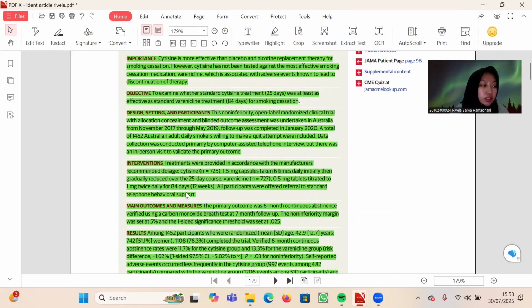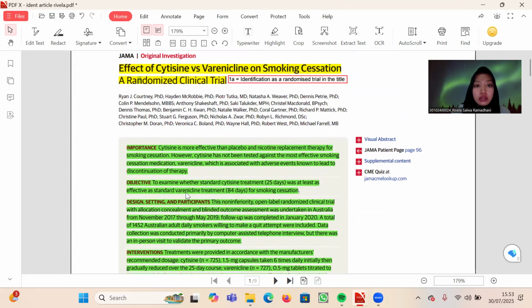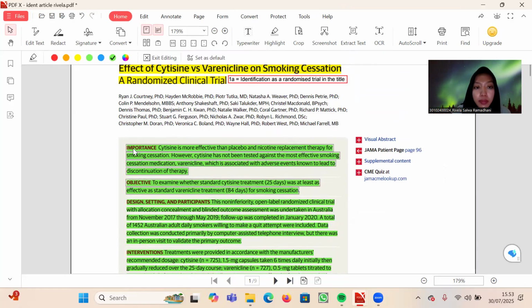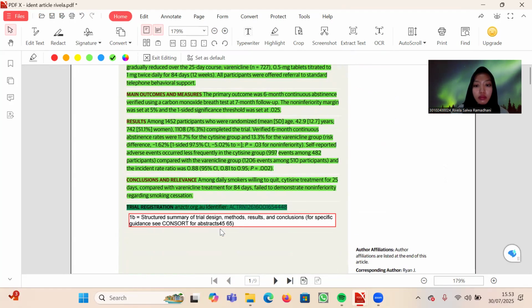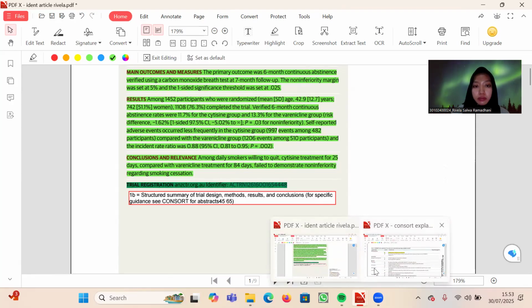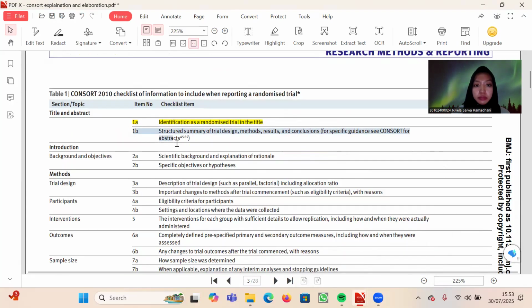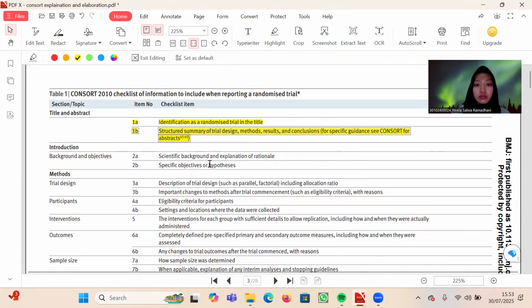For example, it states the primary outcome was 6 months continuous abstinence verified using a carbon monoxide breath test. This shows the authors followed good reporting practice. The abstract runs from importance to trial registration.